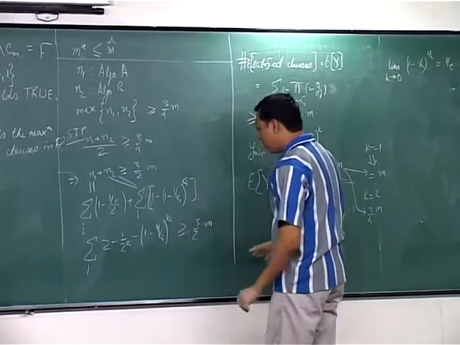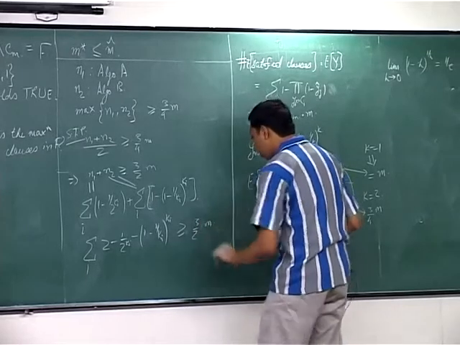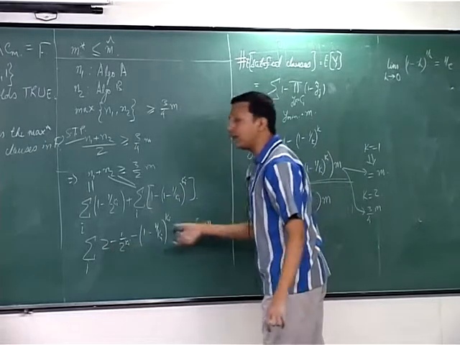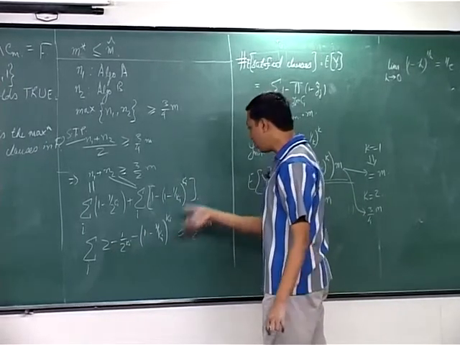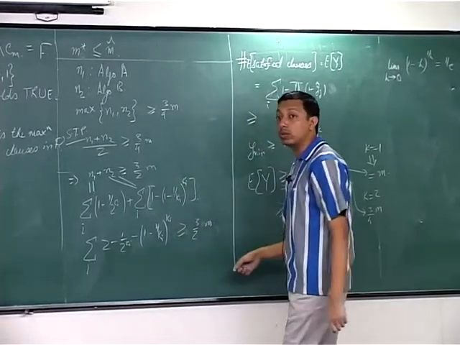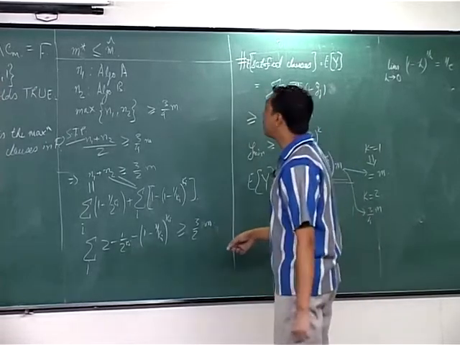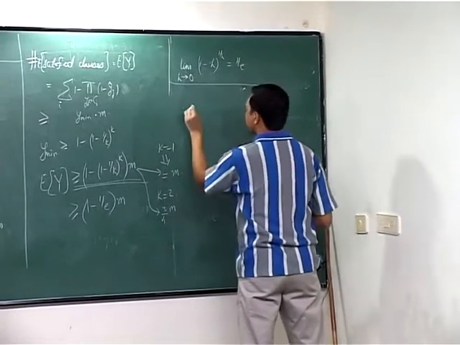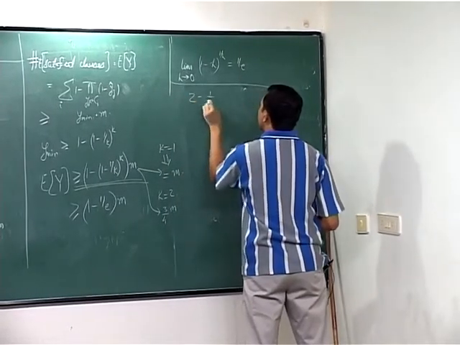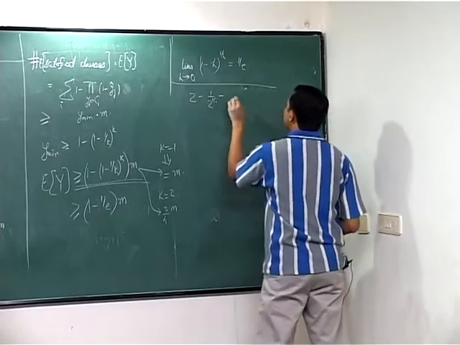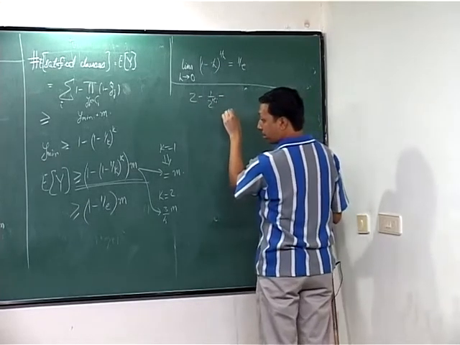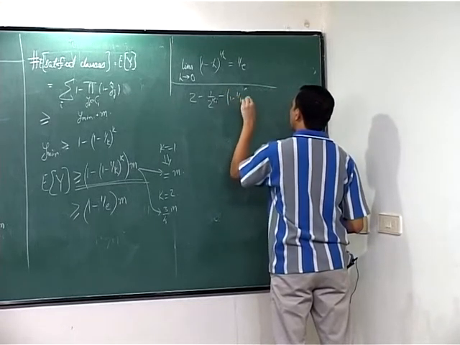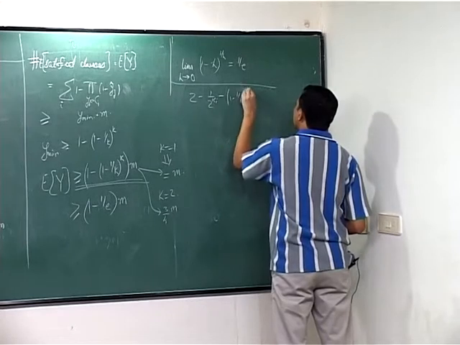Why is that? Because you take an individual summand, okay, you can show the individual summand is always at least 3 by 2, right. So what is the individual summand? It's just, you can show this, 1 minus 1 by ki raised to ki.